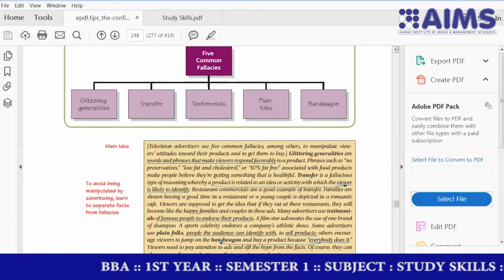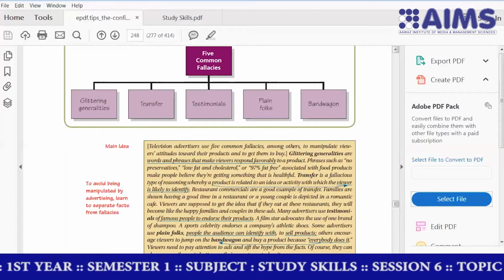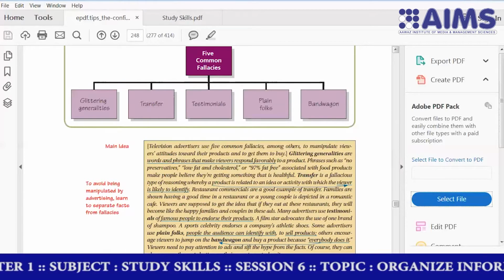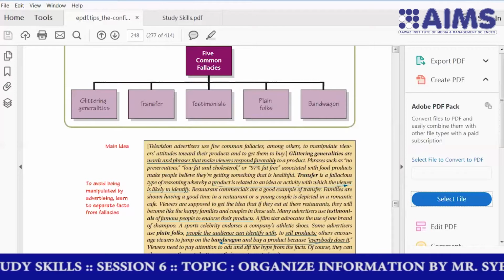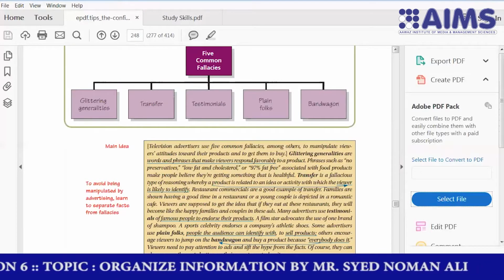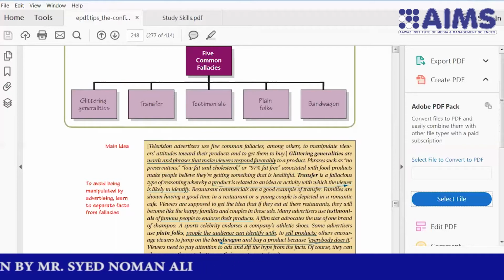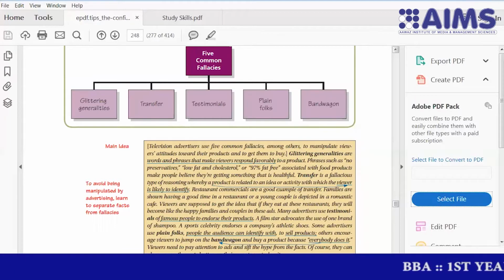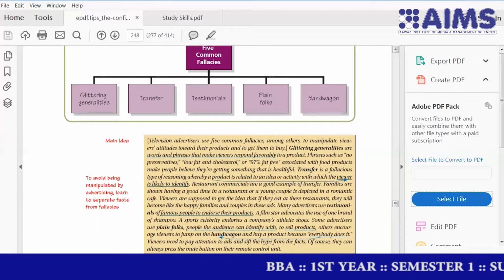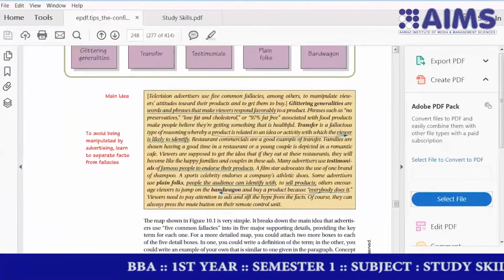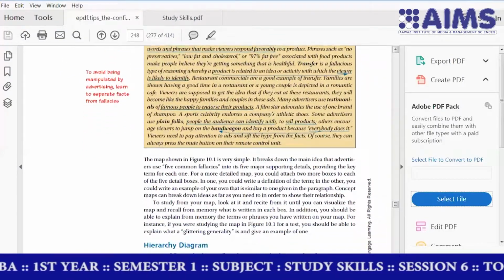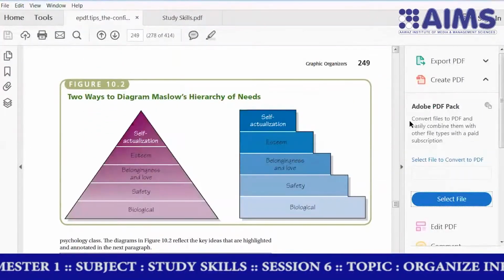In glittering generalities you find some mistake in overgeneralization and oversimplification. In transfer, one endorses something and refers to some authority; if no authority and references are there, it is not reliable. Plain folks talk with the audience. And bandwagon: everyone is doing that, everyone is saying that. So in that manner you will define.